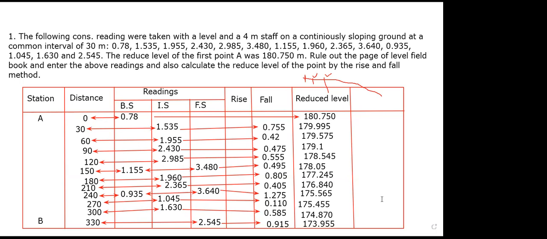Okay. Now next, find the summation of rise minus summation of fall. Here the summation of rise is 0 minus summation of fall. Summation of fall निकालो. Calculate.